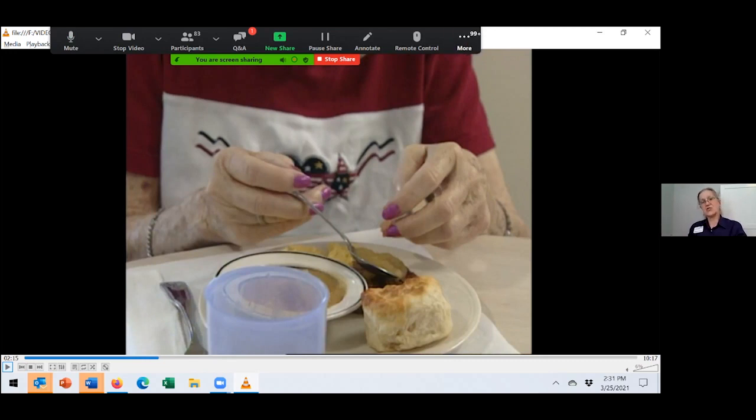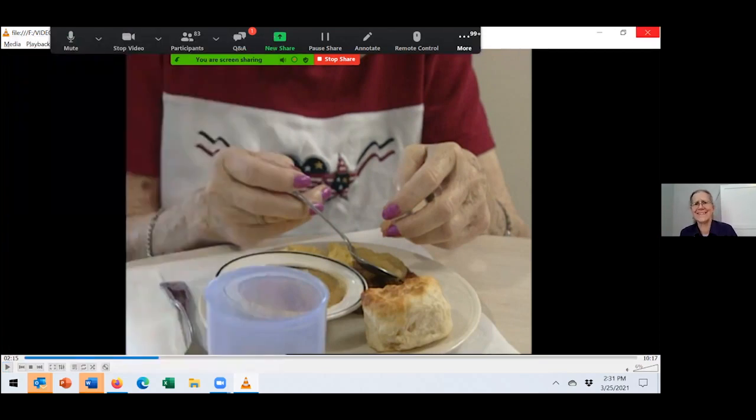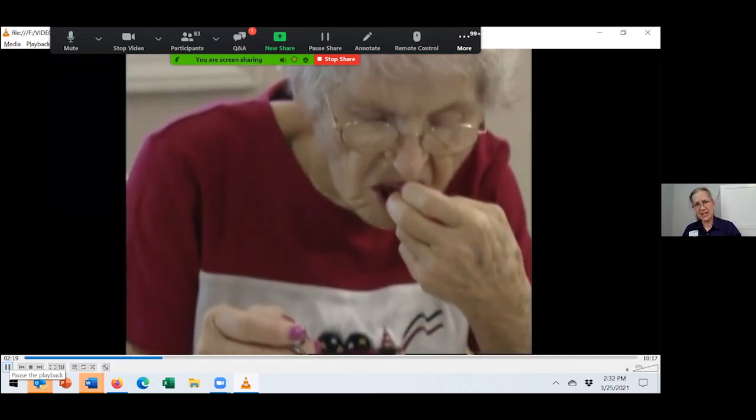So she's using the tool, but she's not using it quite as effectively or as skillfully. Now her left fingers did what? Someone used the nice word, explored her food.